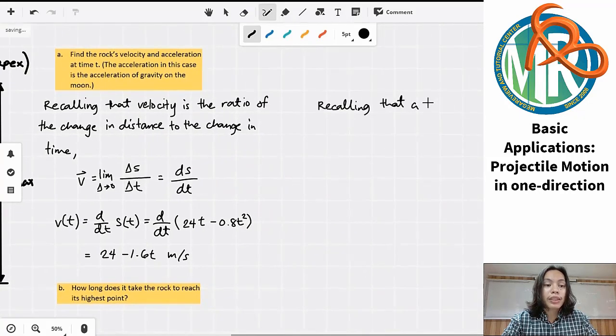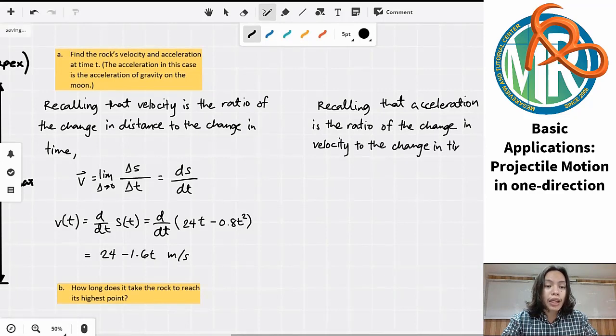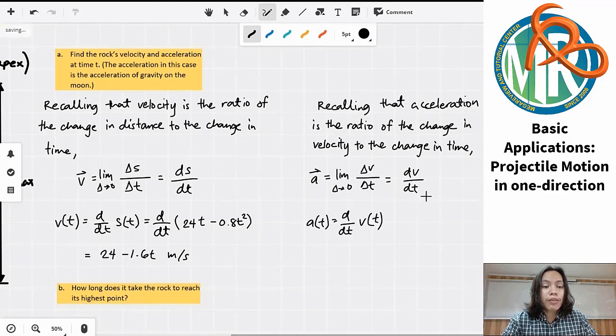Now, moving on to acceleration, we recall that acceleration is the ratio of the change in velocity to the change in time. So we have a equals the limit as delta t approaches 0 of delta v over delta t. That yields dv over dt, which means we only have to take the derivative with respect to time of the velocity function.